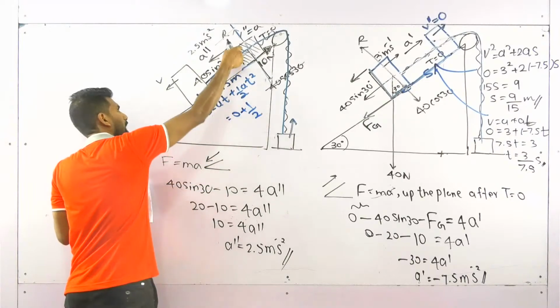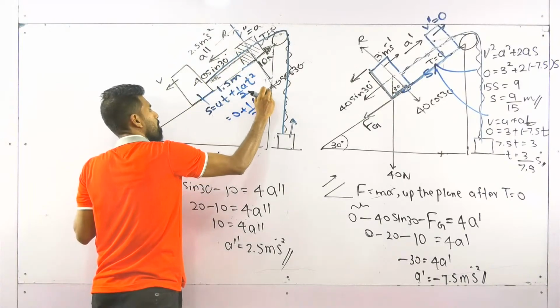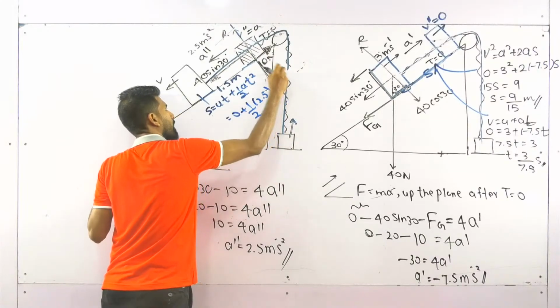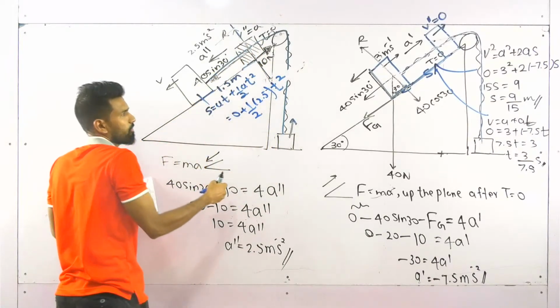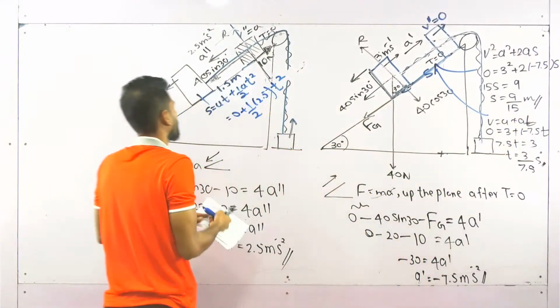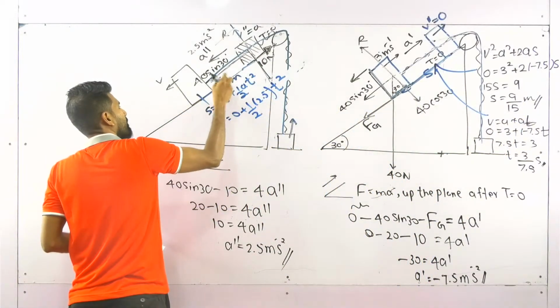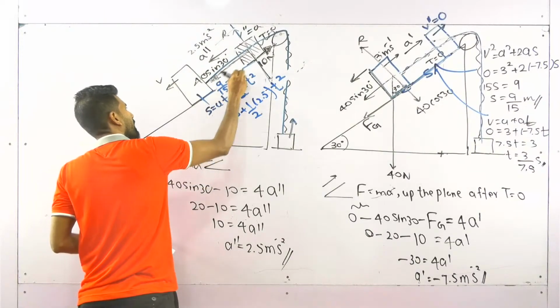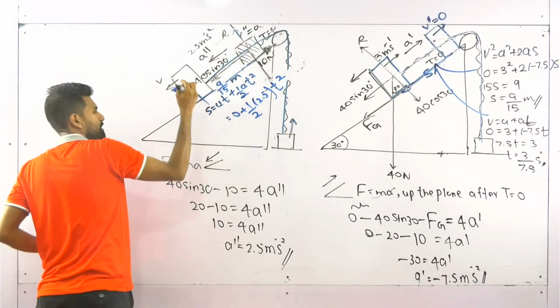Half acceleration is 2.5 t squared. It has to come again for another 9/15, not 1.5. Another 9/15 distance in this direction.